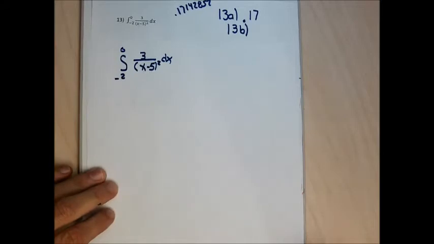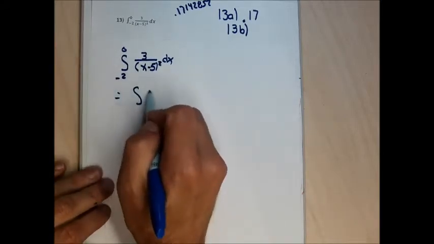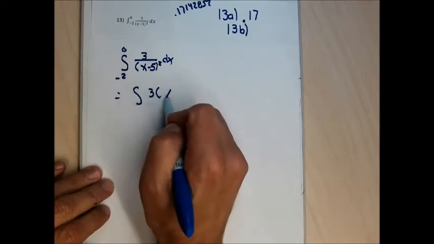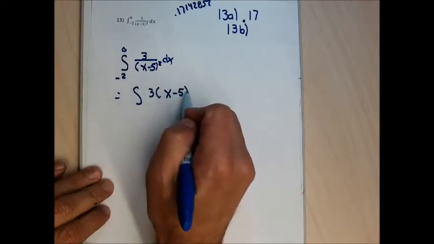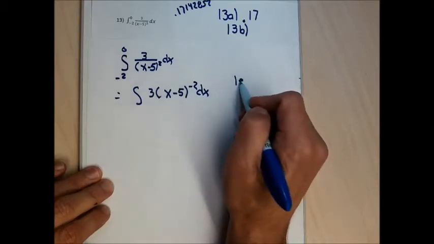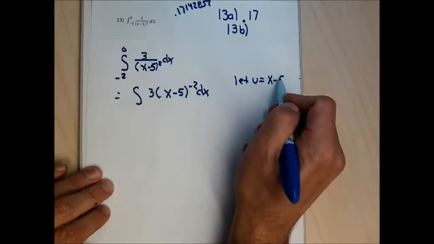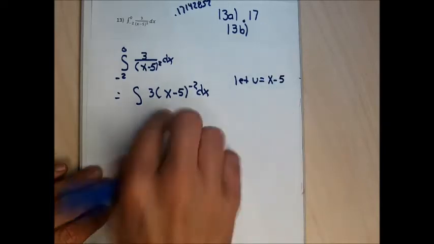really until the end. I'm going to do u substitution, but before I do u substitution, I'm going to rewrite the problem with a negative exponent. I'm going to let u be the inside of the parentheses, that x minus 5.